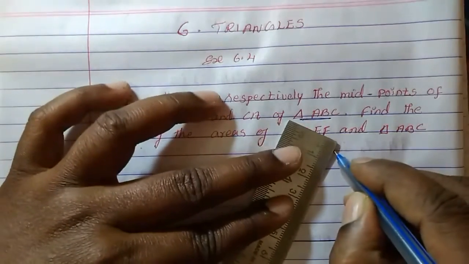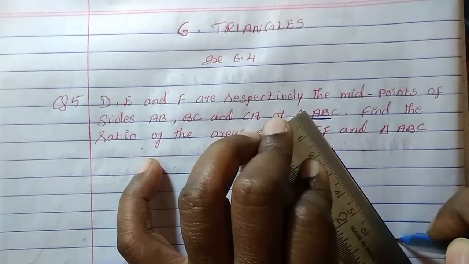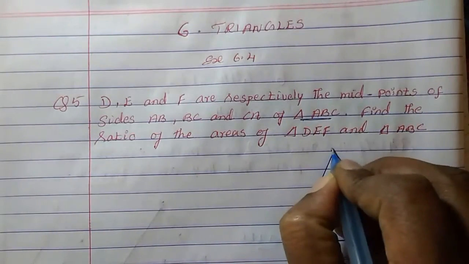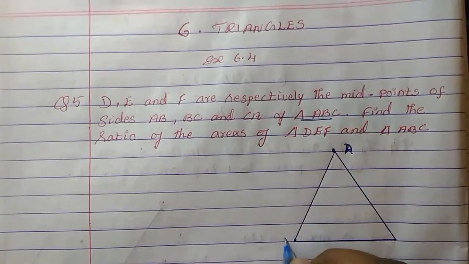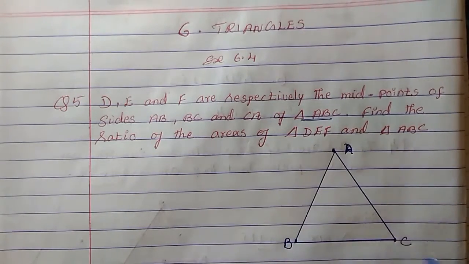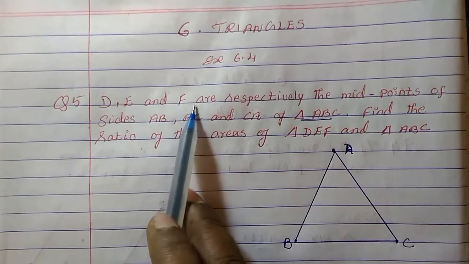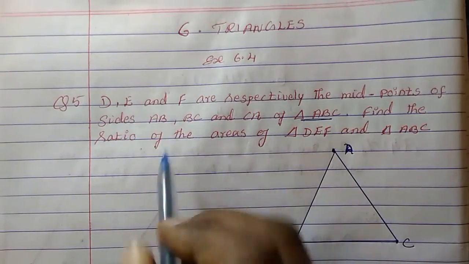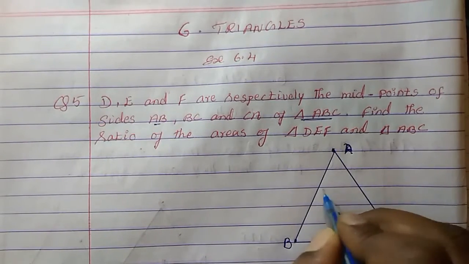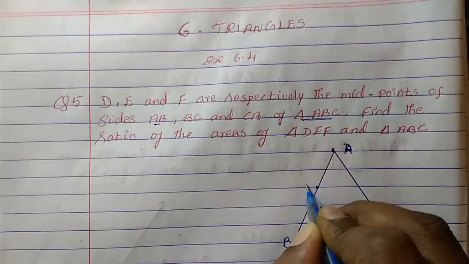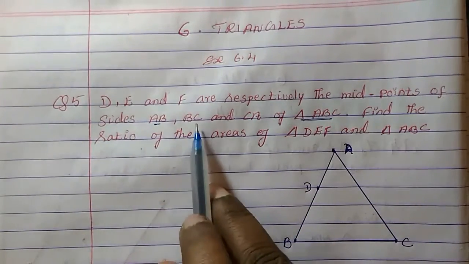This is our triangle ABC. So we consider this A, this is B, point C. Okay, so in that D, E and F, they are the midpoints of sides. So AB side midpoint is D. Then E is the midpoint for BC.